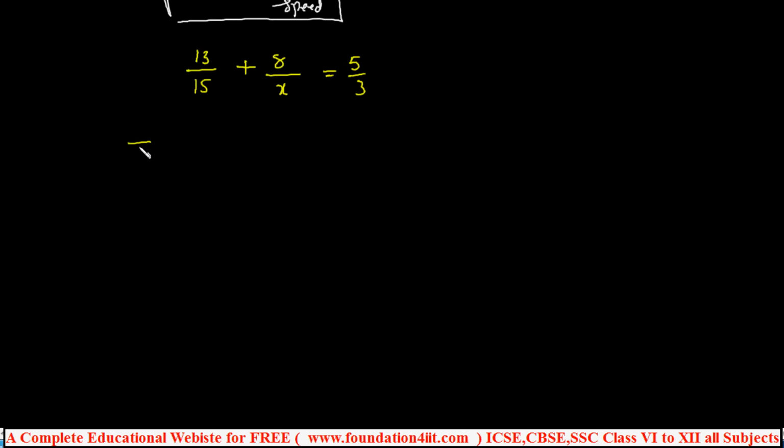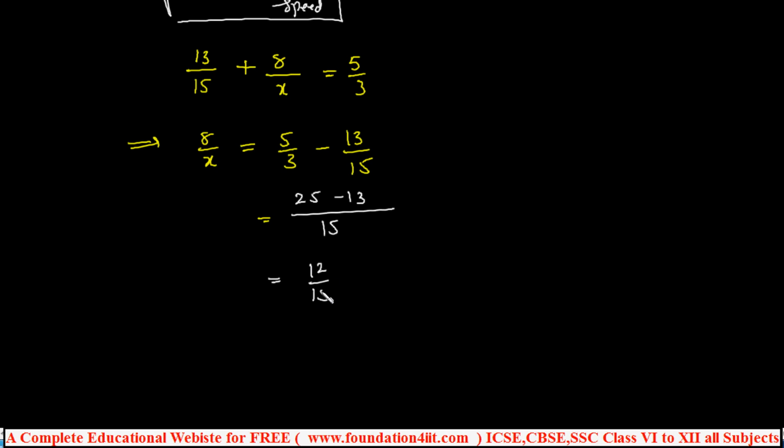Just simplify: 8 by x is equal to 5 by 3 minus 13 by 15. Do the LCM and simplify this. 15, so 25 minus 13, and 25 minus 13 is 12. 12 by 15 is the value of 8 by x.